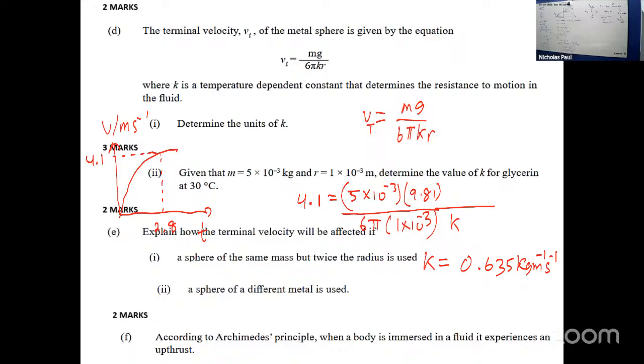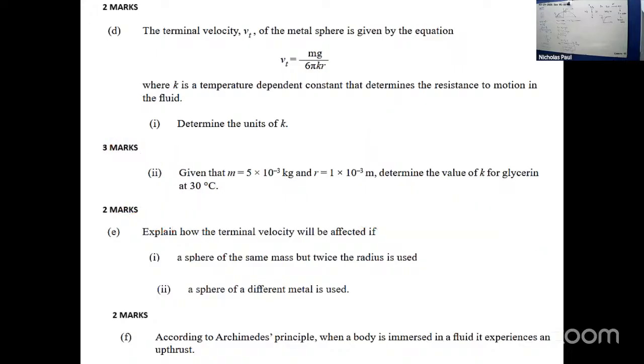Look at part E. Think of what will happen if the radius is doubled. And then what will happen if we use a different metal?